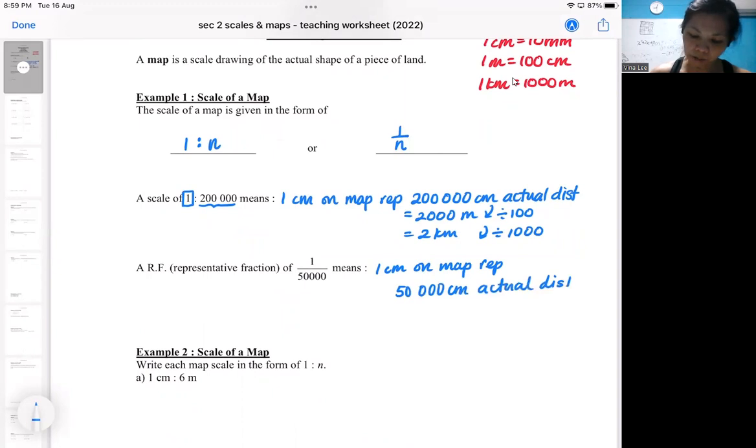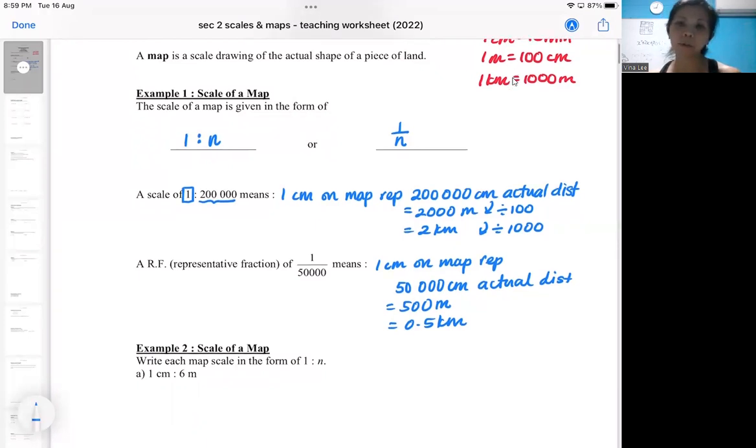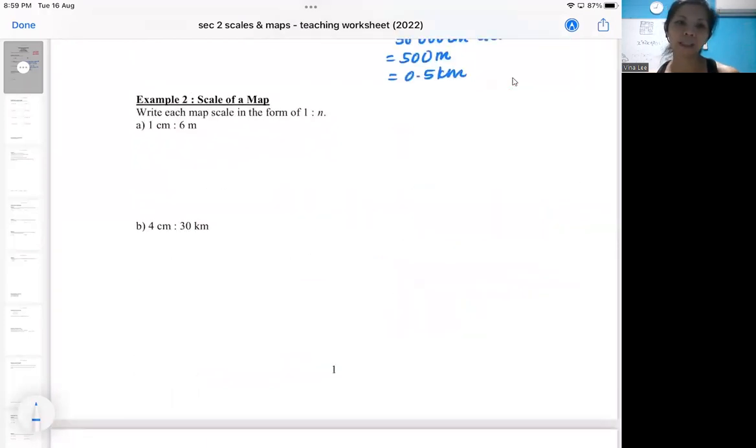Again, we can convert this by dividing by 100 to meter, and then dividing by 1,000 to kilometer. So 1 centimeter represents 0.5 kilometer.